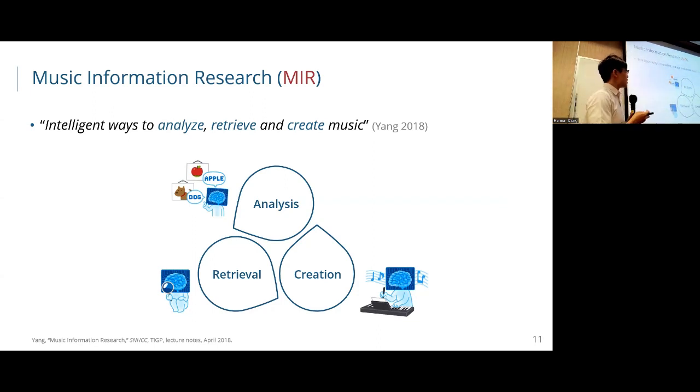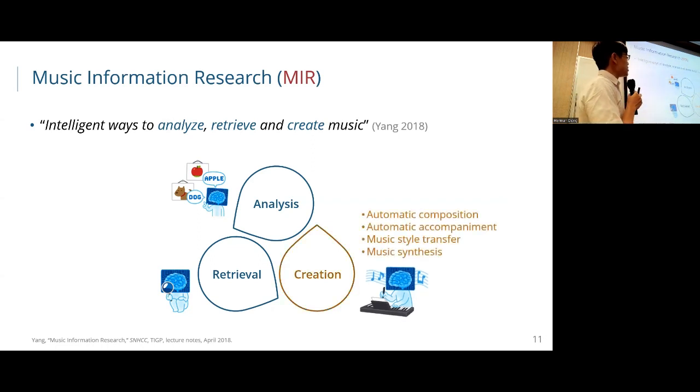And finally, we have the creation side, which covers a wide range of applications like automatic composition, automatic accompaniment, and also style transfer or audio synthesis. This is the part that I will focus on, and that's one of the main topics of my PhD research.